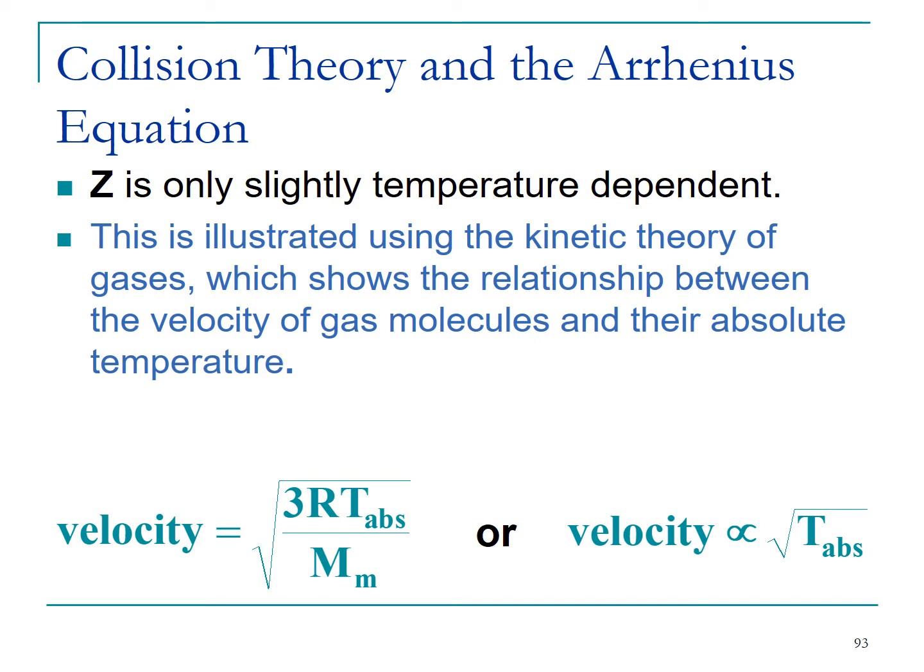So what this slide is showing you, that velocity is directly related to the absolute temperature, but only the square root. Now, it also is related to molecular mass, but if you're talking about the same molecule, then everything is a constant, and we can say that velocity is directly related to the square root of the absolute temperature.